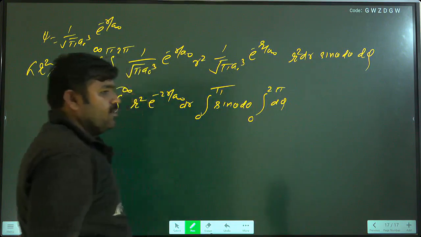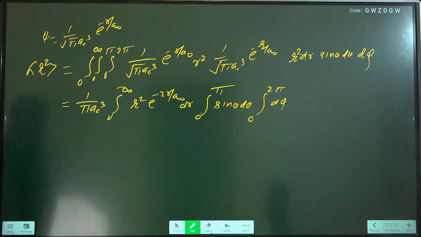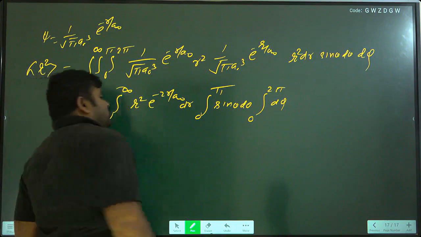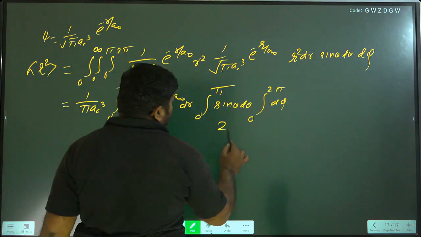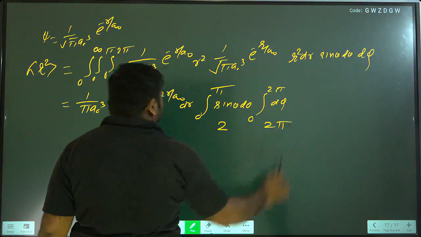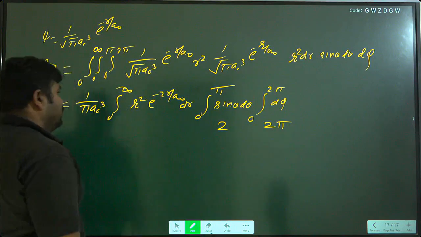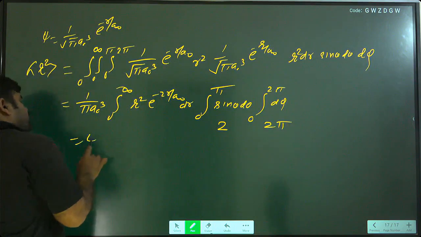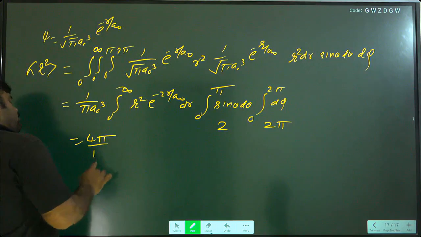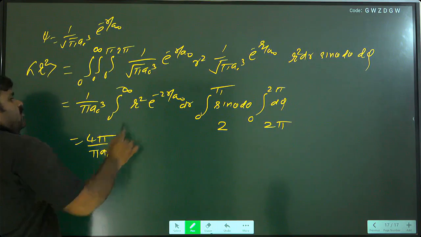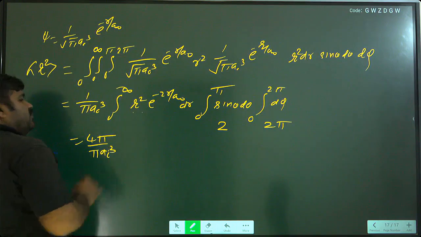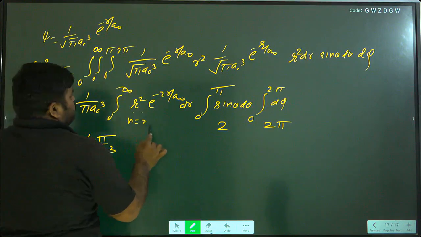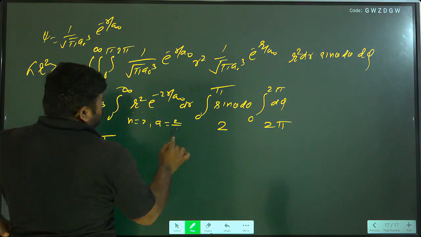Okay, we can solve this. If you feel you have to solve this integration continuously, we can solve it; otherwise you can directly write 2 pi, 2 into 2 pi, 4 pi, so 4 pi upon pi a naught cube. We can use the n factorial formula. What is the value of n? n is equal to 2. a is equal to 2 upon a naught.